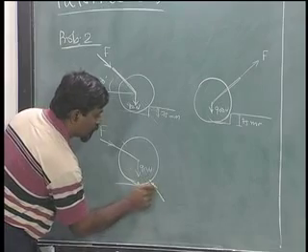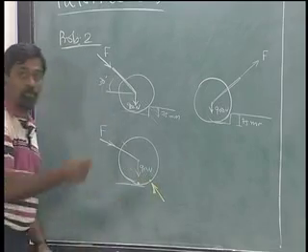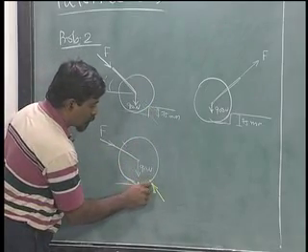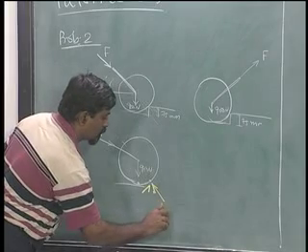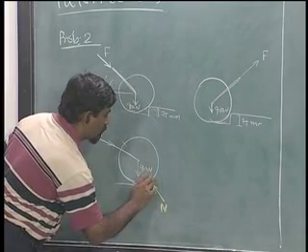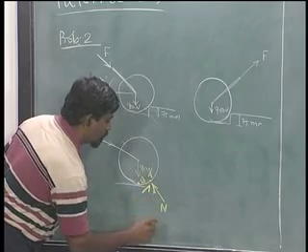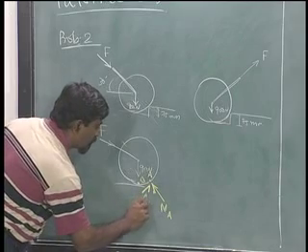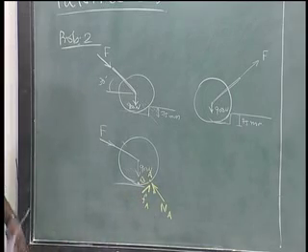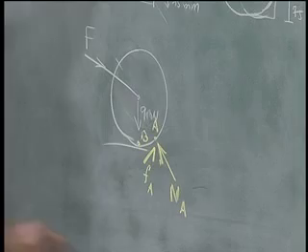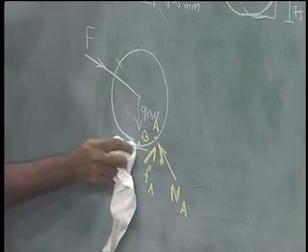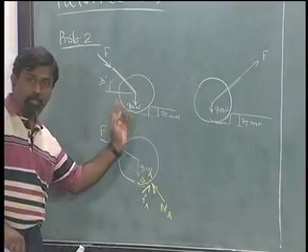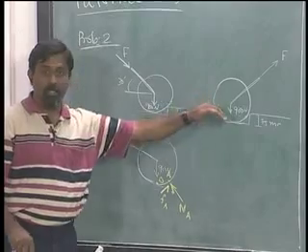So, the possible resistance to motion would be perpendicular to this, and there could also be some friction. So, let us call this point A and this B; this is N A, normal at A, and this is friction at A. Let us examine point B. Point B is also a contact, but for it to roll over, it has to lose contact from here, so that it rotates and rolls over.